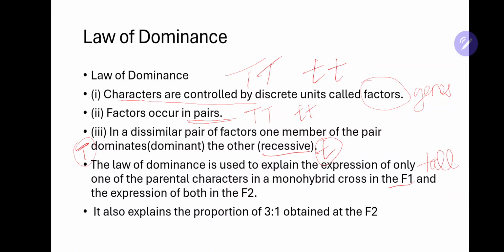While in the second generation, what happened? Both the characters were expressed, the tall as well as the dwarf. In the first generation, only one character was shown, and in the second, the tall and the dwarf were both expressed.